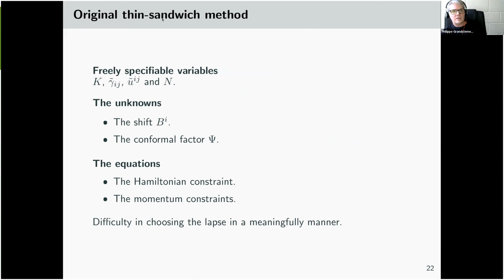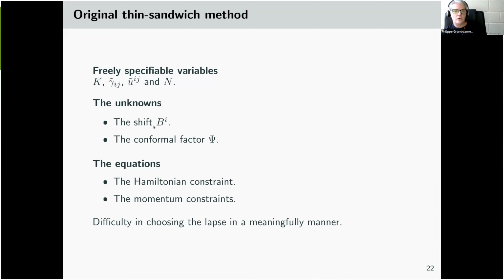And the original thin sandwich method is the following. You prescribe freely, as you want, or as meaningfully as you can, some quantities, which in that case are the trace of the extrinsic curvature tensor, the conformal metric, the time derivative of the conformal metric, and the lapse. So you choose all those functions in a meaningful way, if you want.